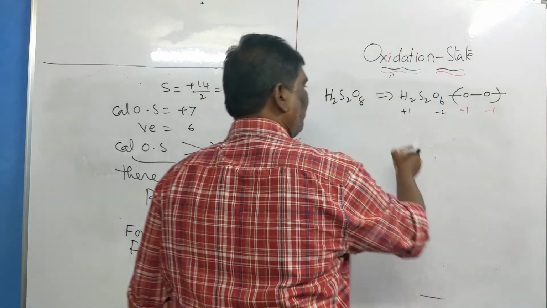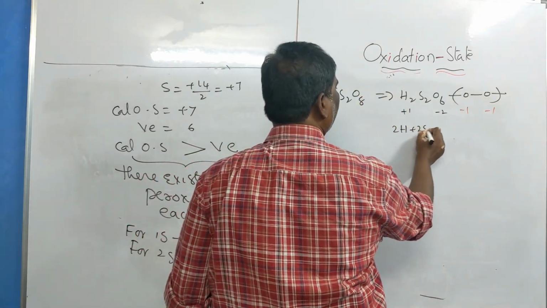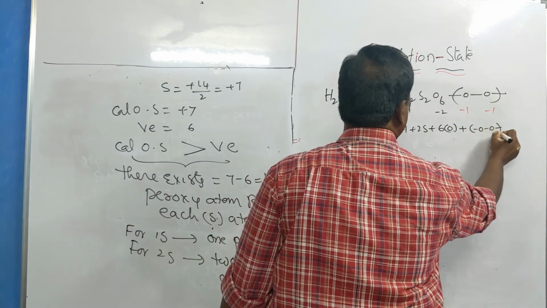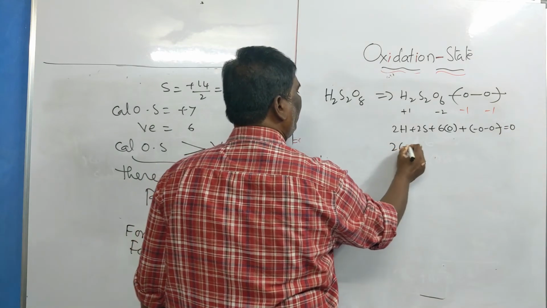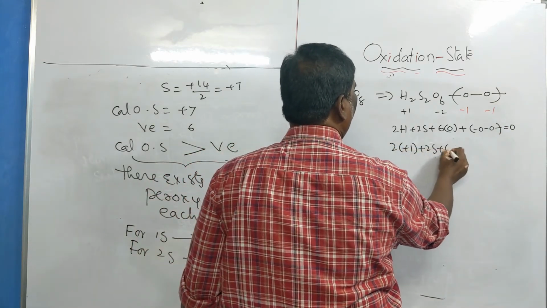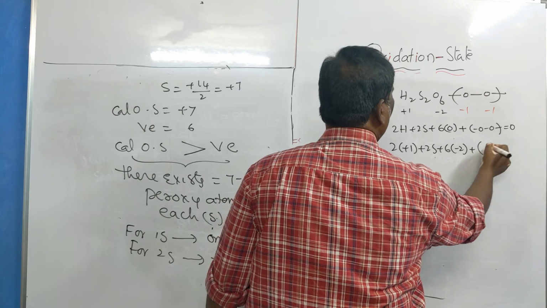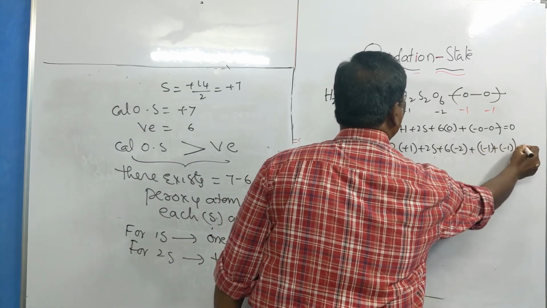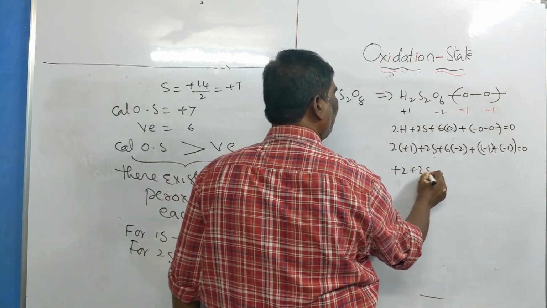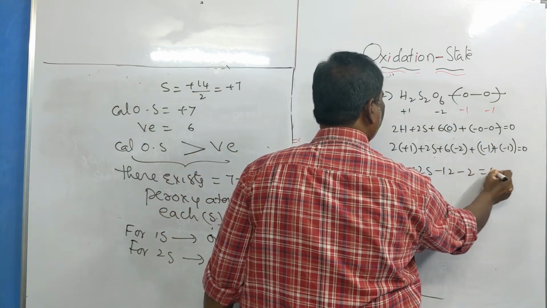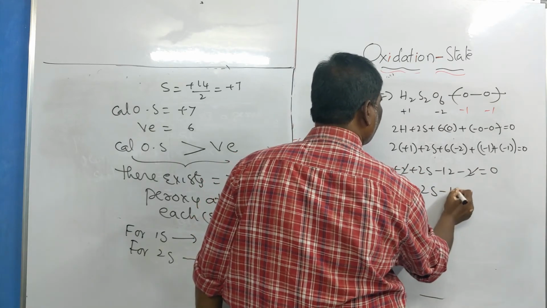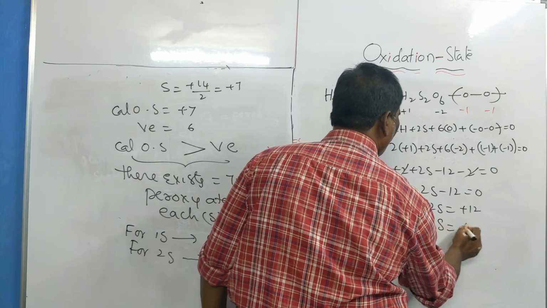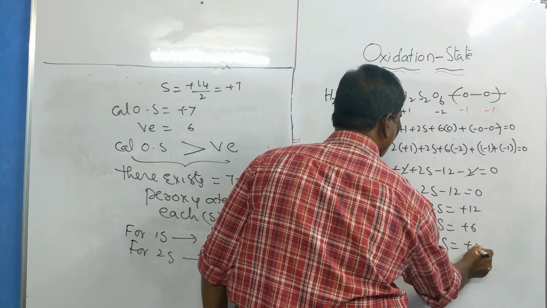Let us calculate. 2 hydrogens, 2 sulfur, 6 oxygens, and 2 peroxy oxygens is equal to 0. 2 into +1 plus 2 sulfur, 6 into -2, plus -1 and -1, equal to 0. So +2 plus 2 sulfur -12 -2 equal to 0. So 2 sulfur -12 equal to 0, 2 sulfur equal to +12. Sulfur equal to +6. The other sulfur is also +6.